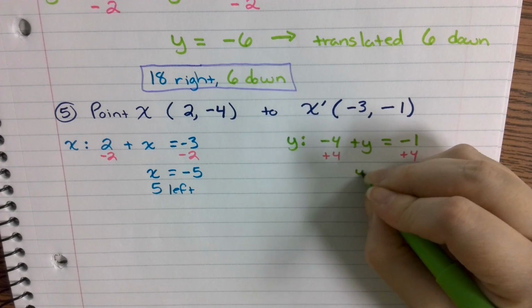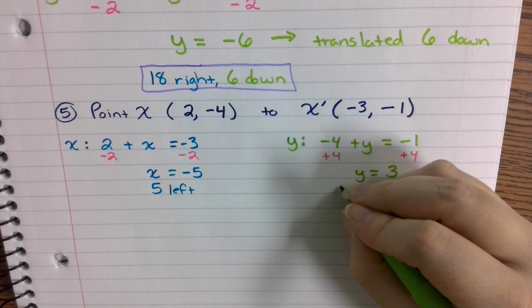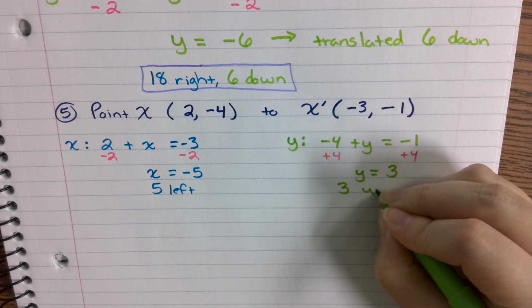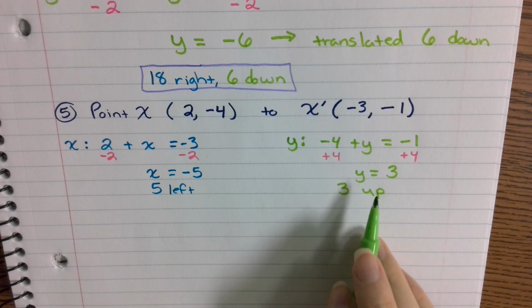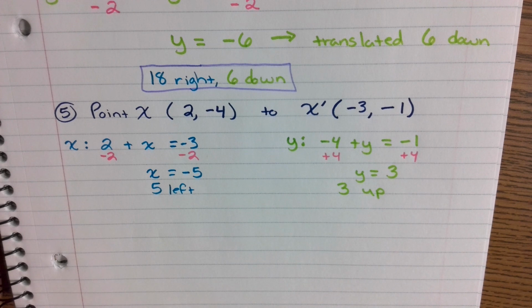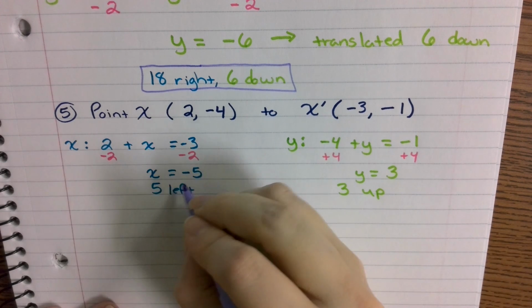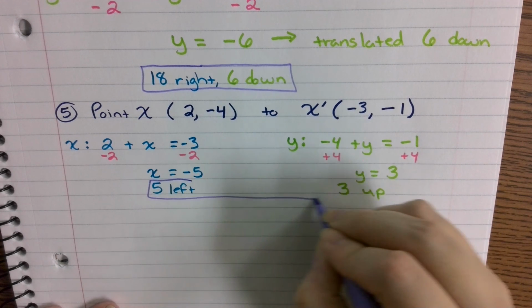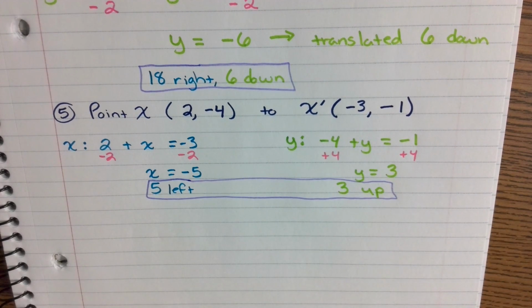And that's going to give me y equaling a +3. That means that I moved 3 units up, because positive y means it went up. Okay, so there is my translation. 5 units to the left, 3 units up.